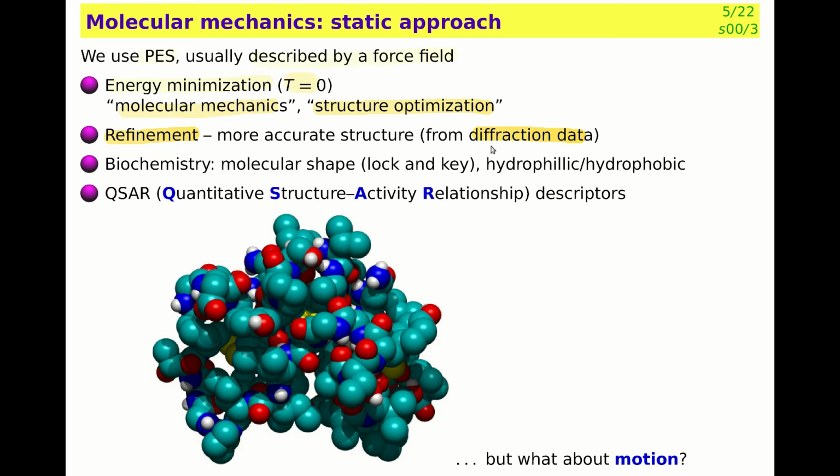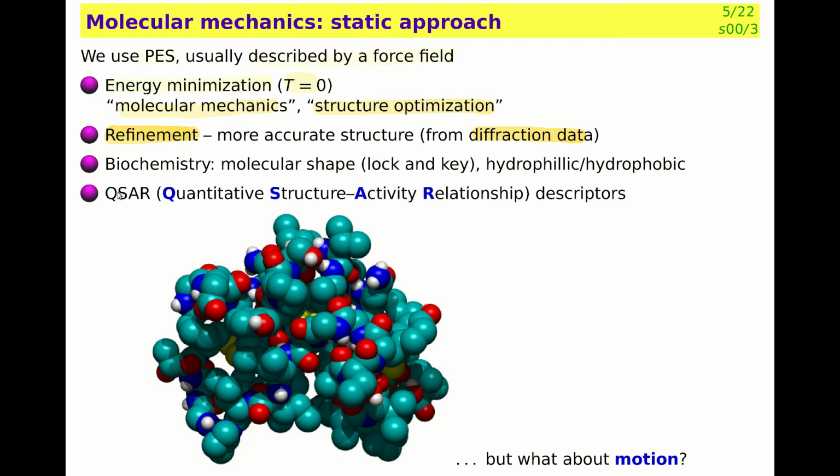From this diffraction pattern, the so-called structure factor, we can calculate the structure of our molecules. But especially if our molecules are large and it's difficult to make crystals of, for example, proteins or peptides, such a structure is imprecise. So we refine this structure using known bond lengths and in general using a known approximate, of course, force field. And then we'll get a more accurate structure. This is called refinement.